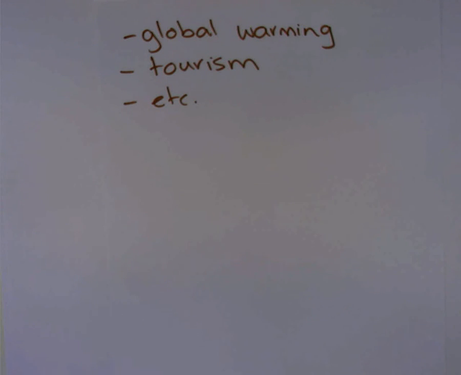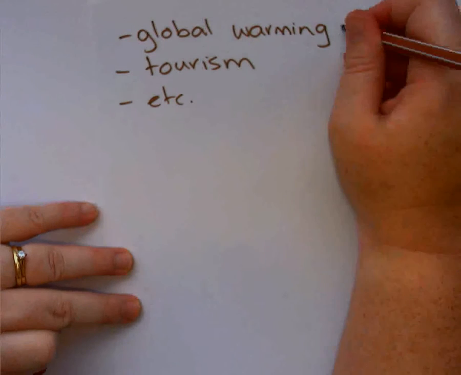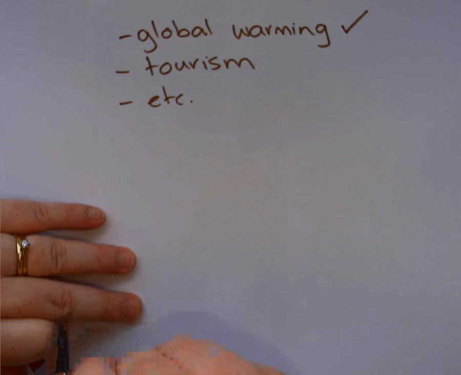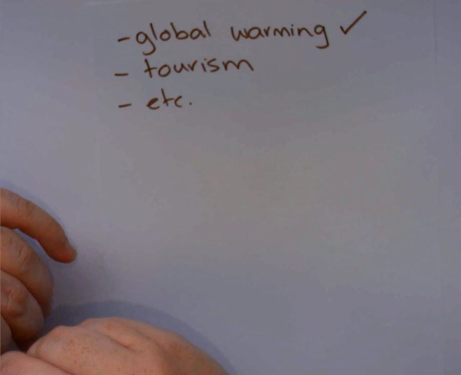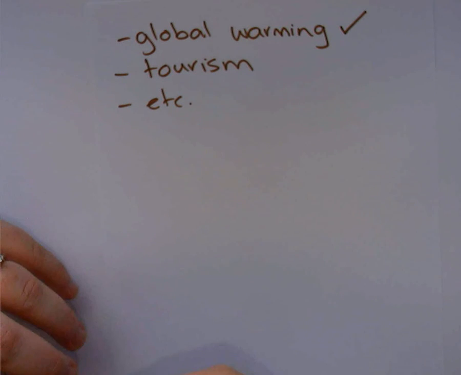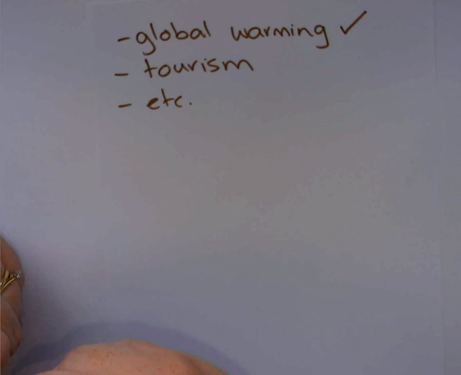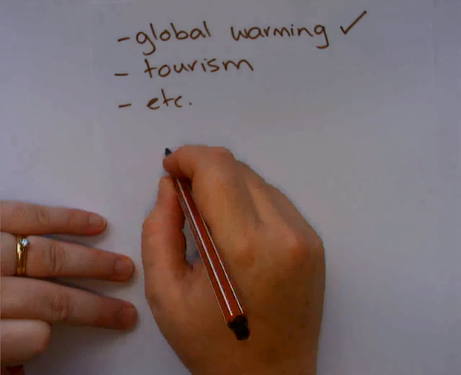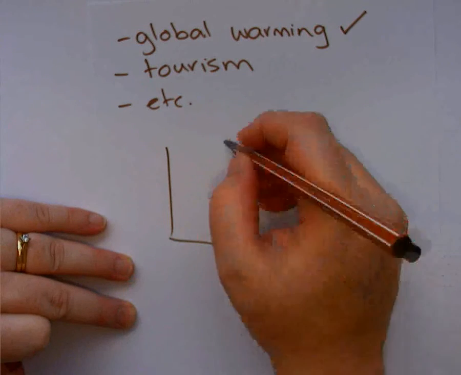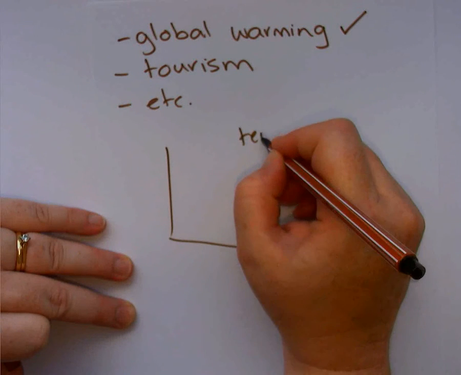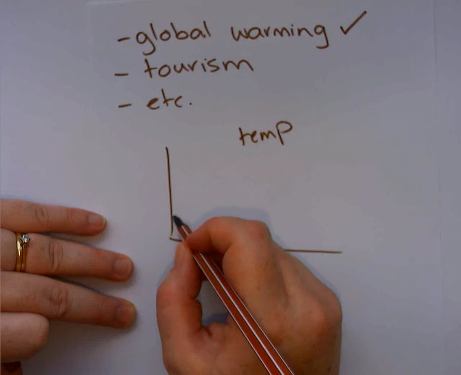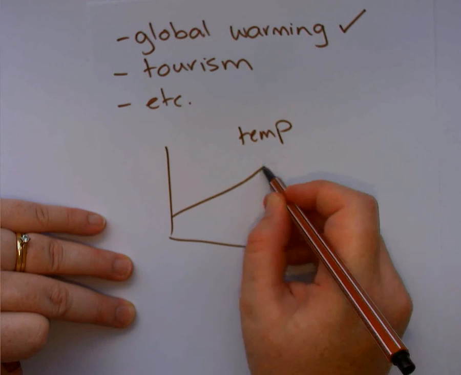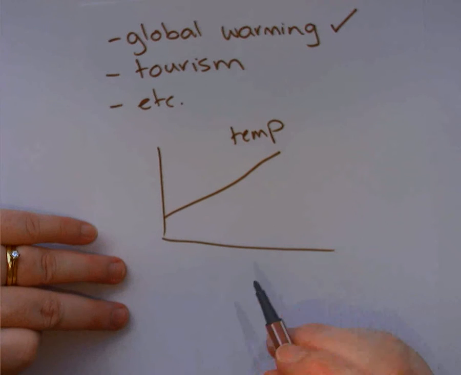So I want to build a purpose around global warming. That's going to be my reason. And what do I need? Now I need to think about what I know about global warming. Well, I know that global warming says that as the temperatures get hotter, and our temperatures are getting hotter, so our temperatures are rising over time.